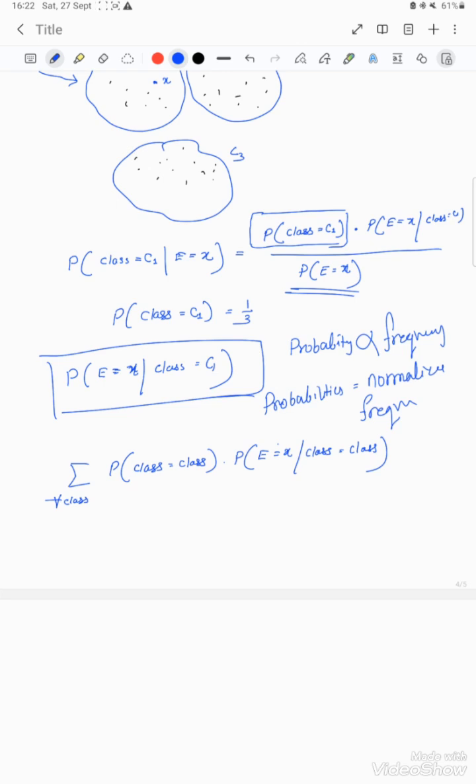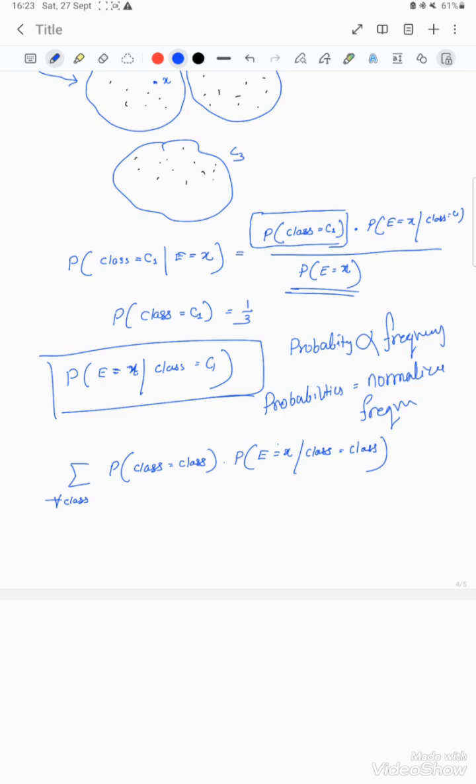I get some notion of the probability of evidence X in class 1. Then what is the probability of evidence X in class 2? What is it in class 3? Let's sum up all these probabilities. You will get the marginal probability of evidence X occurring across classes. So you got the marginal and you got your likelihood.